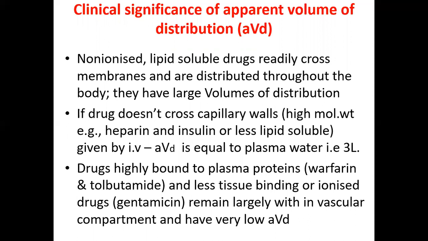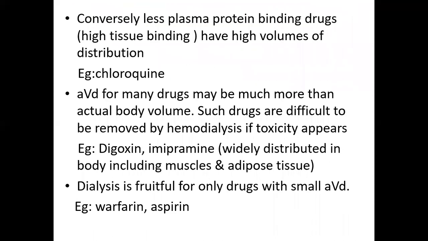Drugs highly bound to plasma proteins with less tissue binding, or ionized drugs, remain largely within the vascular compartment and have a very low apparent volume of distribution. On the other hand, drugs with less plasma protein binding have high volumes of distribution. Example, chloroquine.